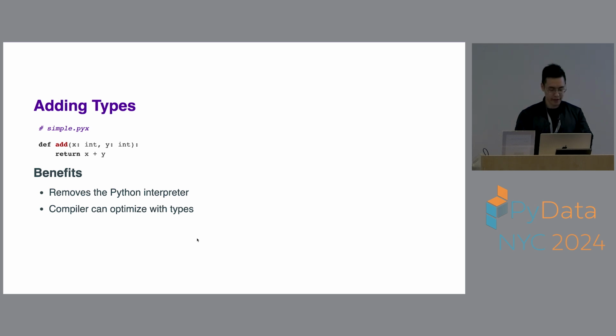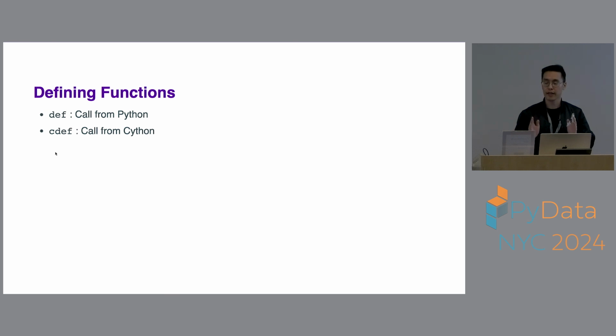More about the syntax, you can see that I use def here. Def means that I can call this Cython function from Python. So if you want to expose it to Python users, you use def. If you want to write many Cython functions and call them within Cython, you use cdef. You're defining Cython-level functions, and you cannot call these from Python. For example, this is a linear function.